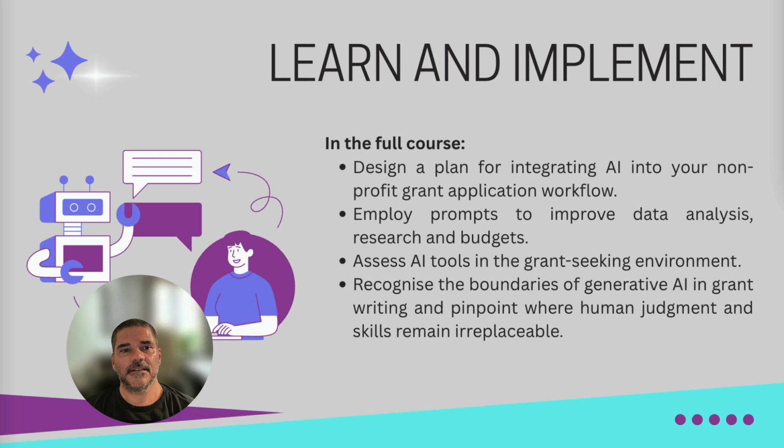So there is a bunch of stuff that you need to learn and implement in order to put these AI tools to use and to incorporate them into your workflow. So this will be an overview of what you need to learn for AI for grant writing.